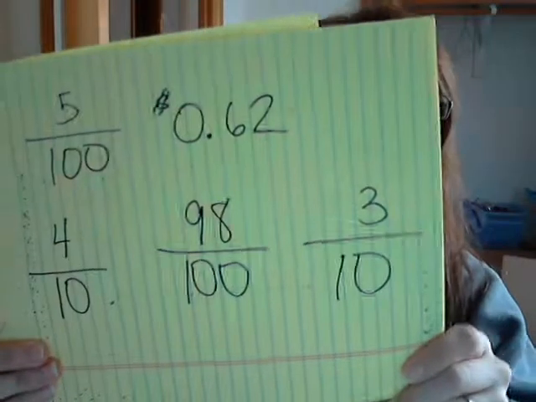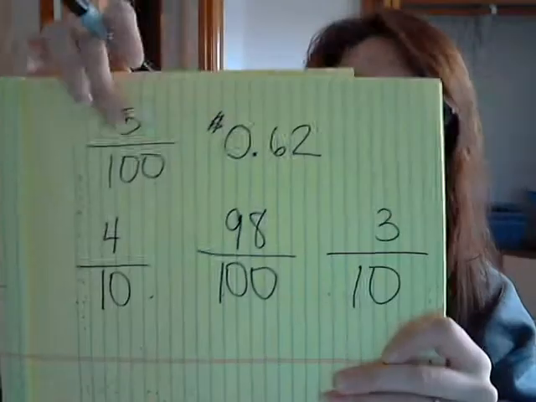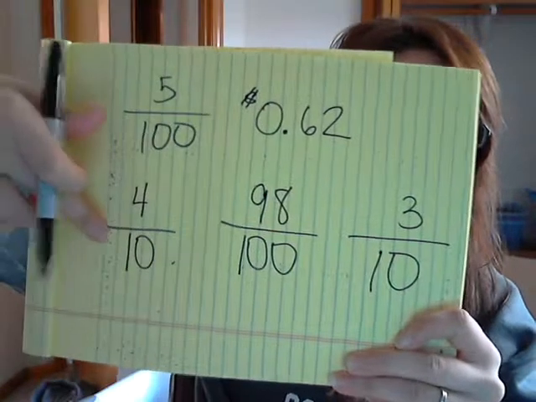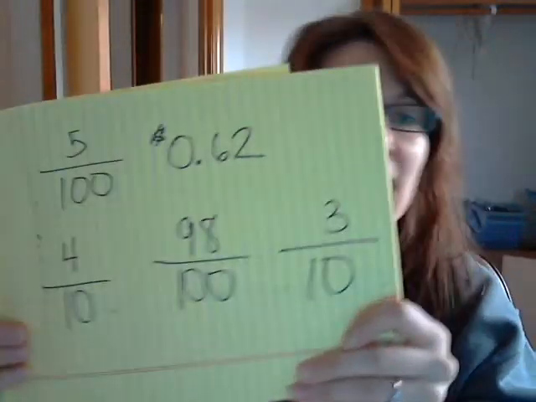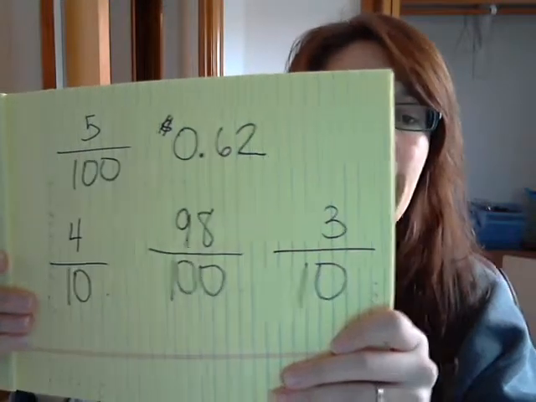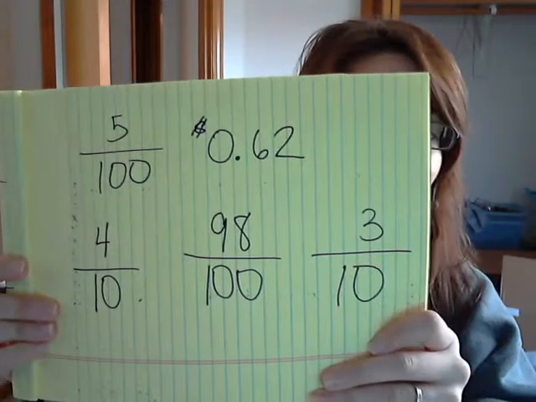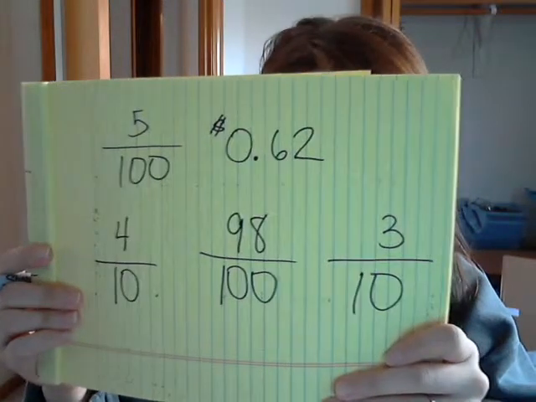Go ahead and do the same thing on your board for these 5 examples of different fractions or money amounts, and write the fraction and the decimal next to that spot on your board.